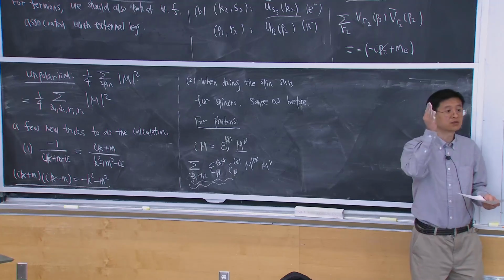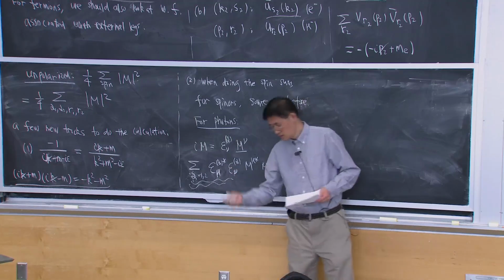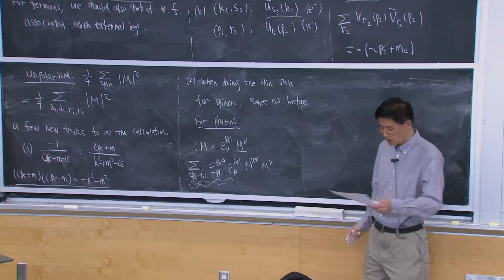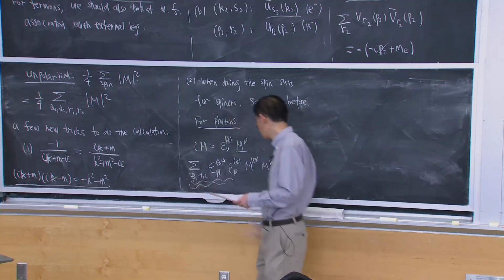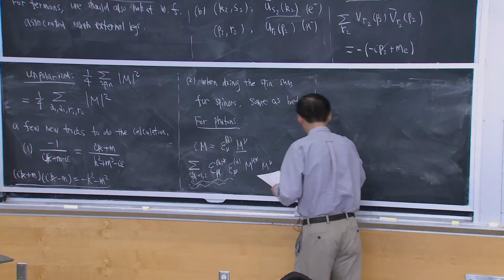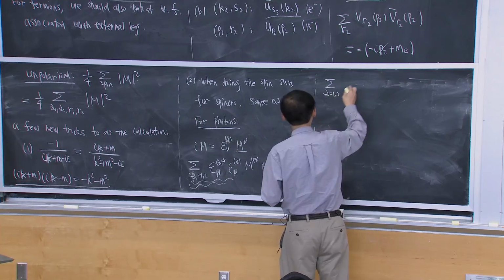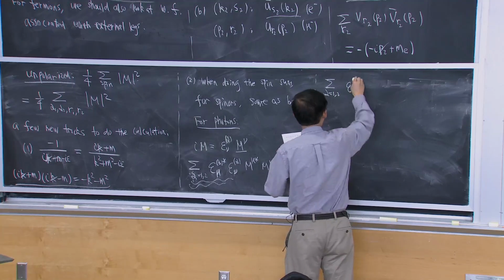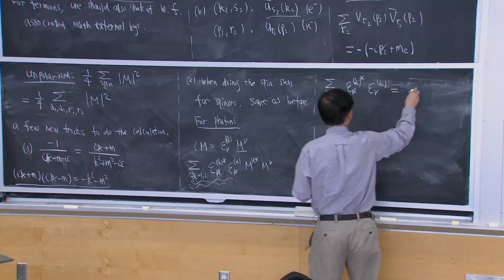It is because the physical photon polarization is projected to the transverse space. So summing over alpha equal to 1 and 2 gives you the transverse projector.